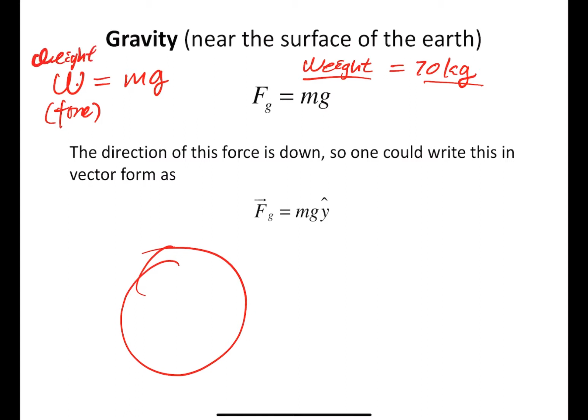So ideally, what you're saying is, my mass is 70 kilograms. Because g is about 10, I use 10 here. Therefore, the force acting on me by gravity is 700 Newton. So I have to tell people my weight actually is 700 Newton.